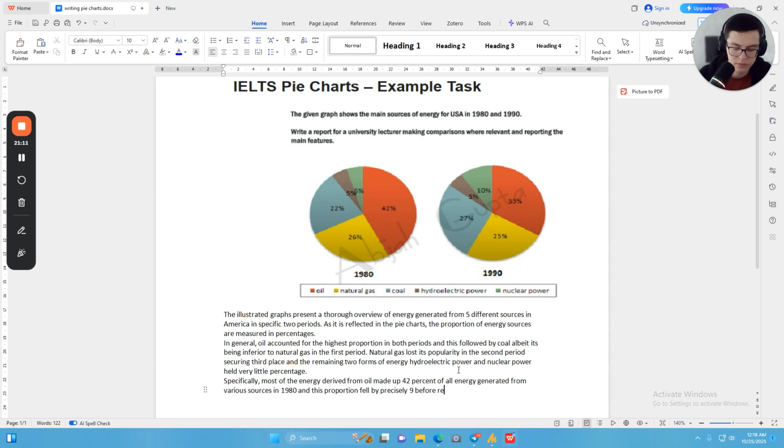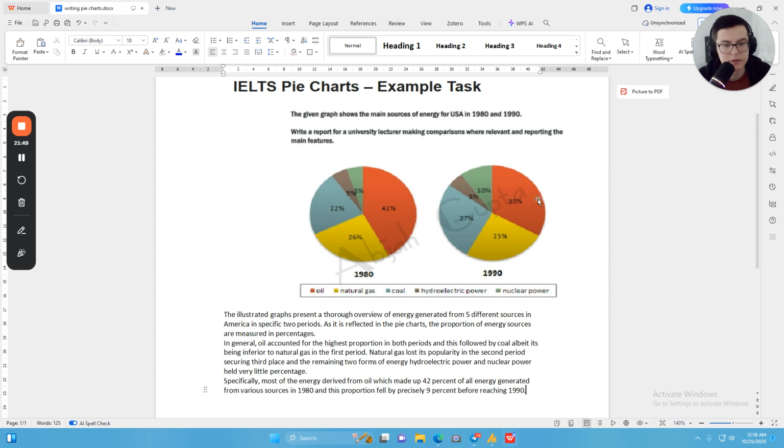Or you may simply paraphrase that part. Specifically, most of the energy derived from oil, which made up 42% of all energy generated from various sources in 1980, and this proportion fell by precisely 9% before reaching 1990.